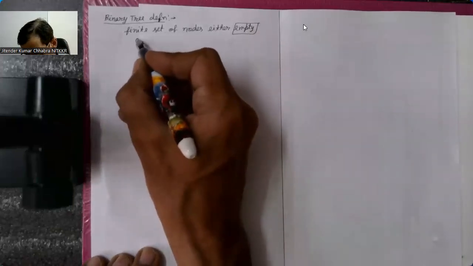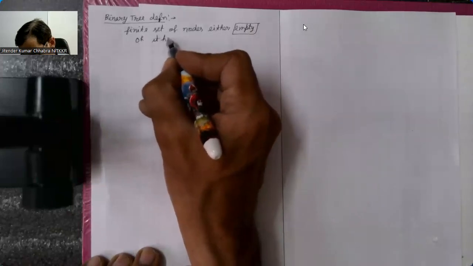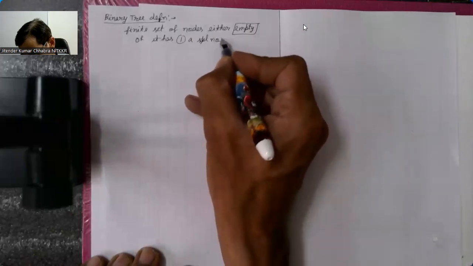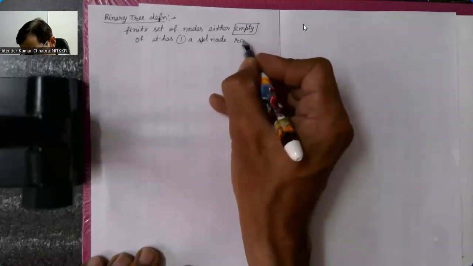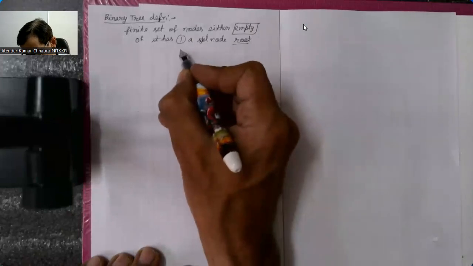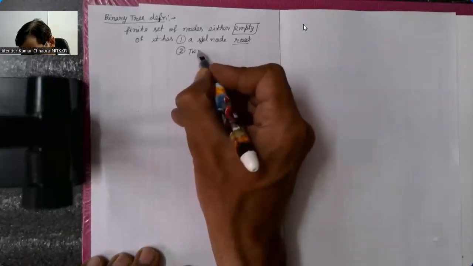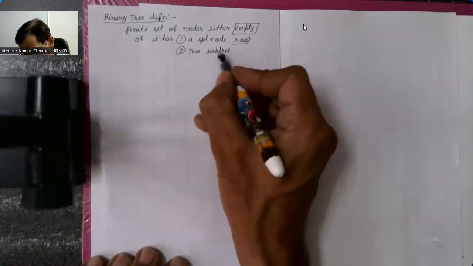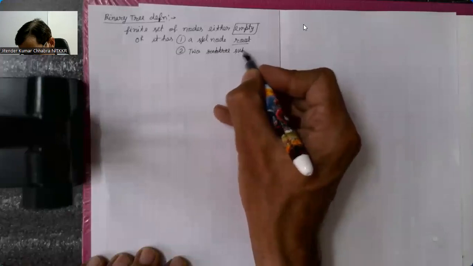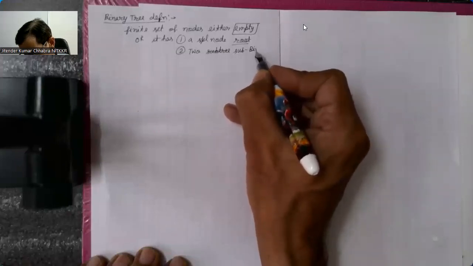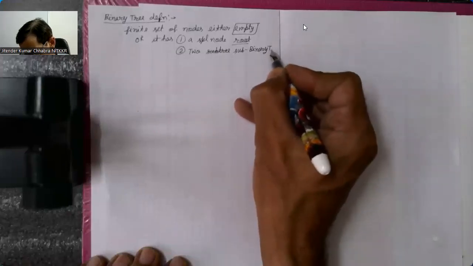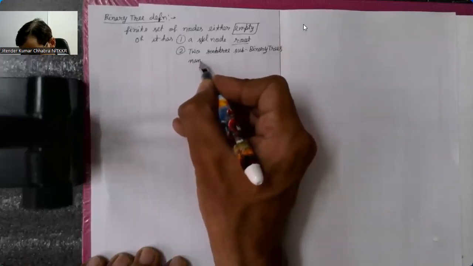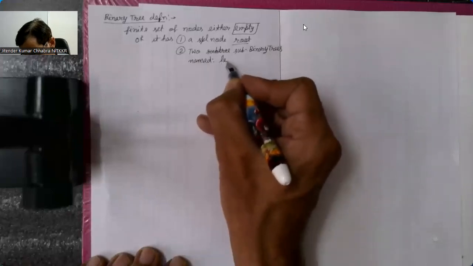Either empty, or it has first a special node called your root, and secondly, two children which are effectively two subtrees. So sub-binary trees, you could say, because the same recursive definition will be applicable. Sub-binary trees named left and right.